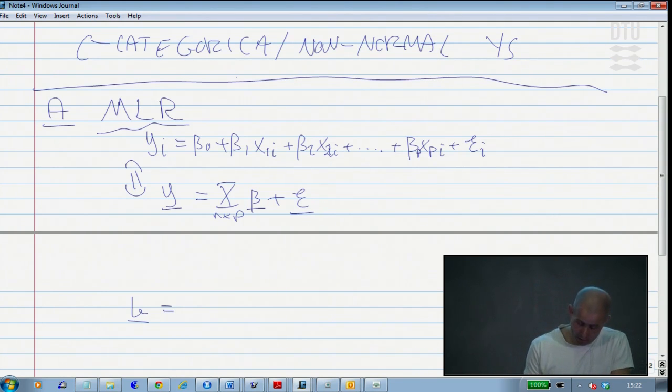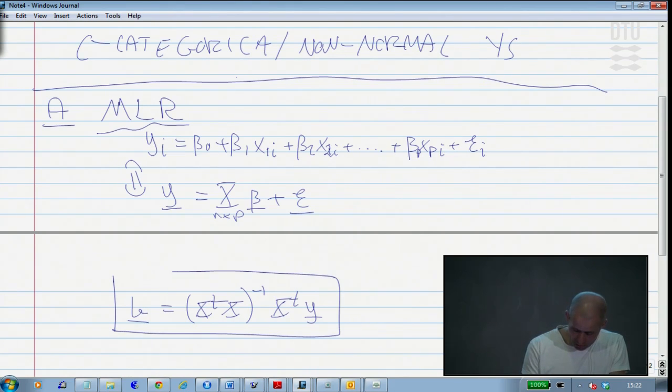I'm not going to do it now. The solution can be expressed in terms of matrices as x transposed x to the minus first, x transposed y. This would be the formula for computing all the b's. There's a simple formula, which, if there's only one x, boils down to our simple formulas for a and b that we've seen.